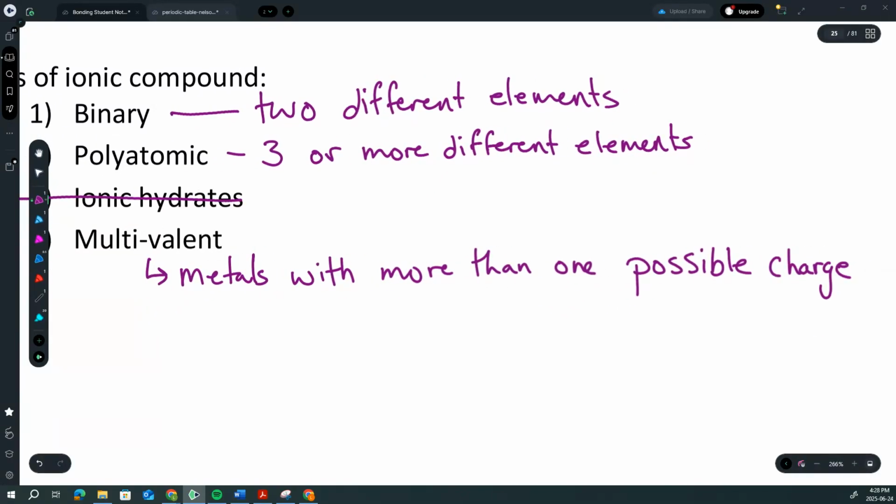So these metals that have more than one possible charge, you're going to find them in the transition elements, or the transition metals. Both names can be used for that section of the periodic table.